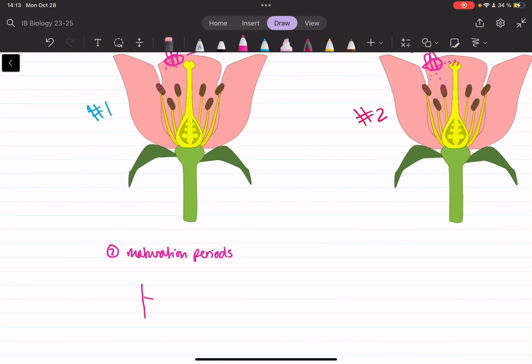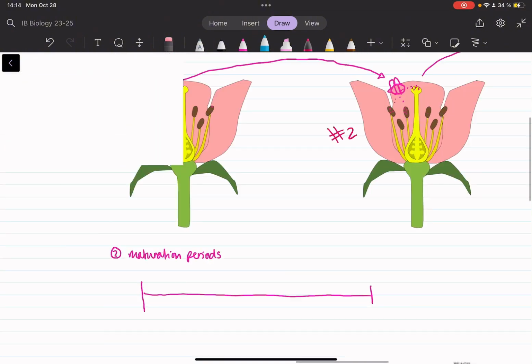Essentially what I mean by maturation is when the stigma and the pollen of one flower mature. And obviously they both need to be mature at the same time for fertilization to happen, because the pollen grain needs to be mature and the stigma needs to be mature so that the pollen tube can even grow.